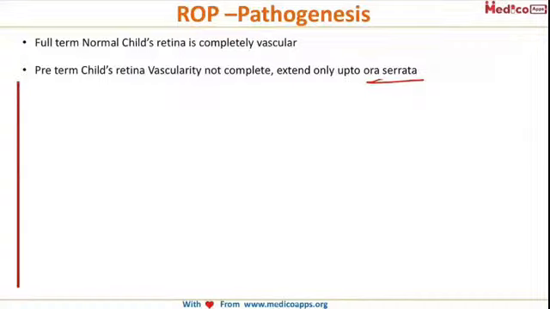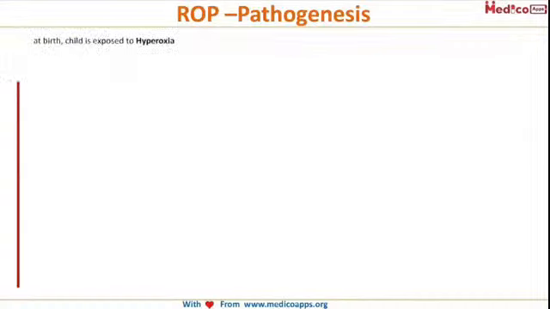So now this baby is born, and as soon as this baby is born, he is exposed to increased levels of oxygen in the NICU. That is, the baby is in a relative state of hyperoxia. Now please remember that hyperoxia always causes an amount of vasoconstriction.